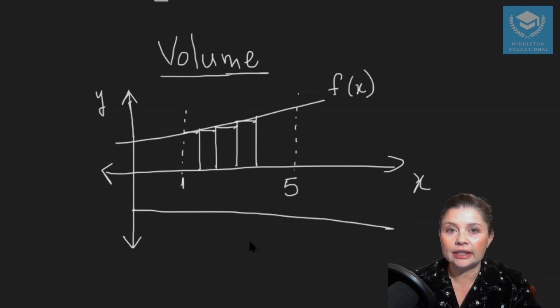So when we rotate this, each of these little rectangles is going to become a disc. So this one will become a disc like that, and like that. So you'll see this over here would be one disc. So let me just color in that disc over there.